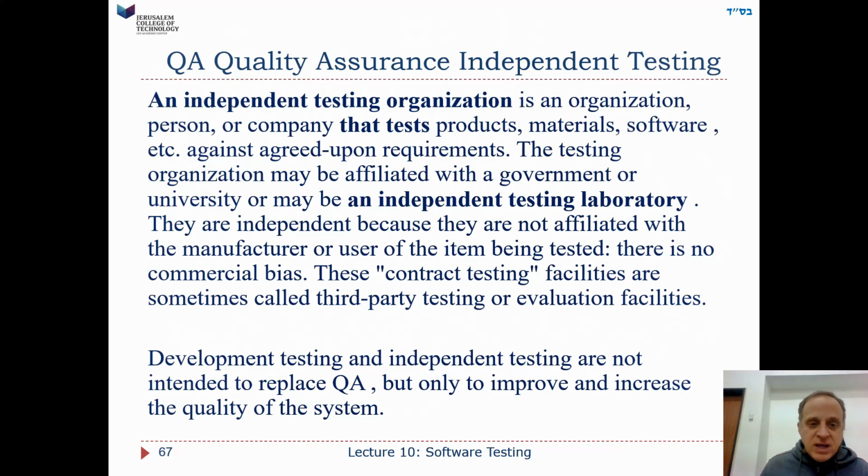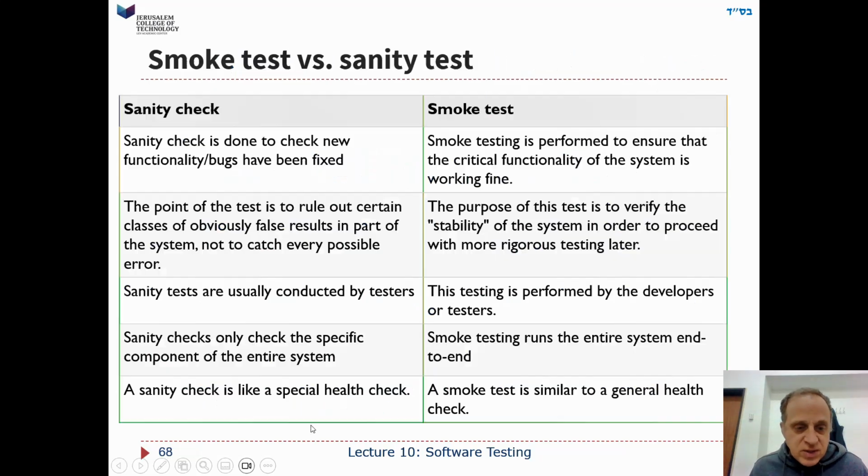There is no commercial bias. These contracted testing facilities are sometimes called third-party testing or evaluation facilities. Development testing and independent testing are not intended to replace quality assurance, but only to improve and increase the quality of the system.